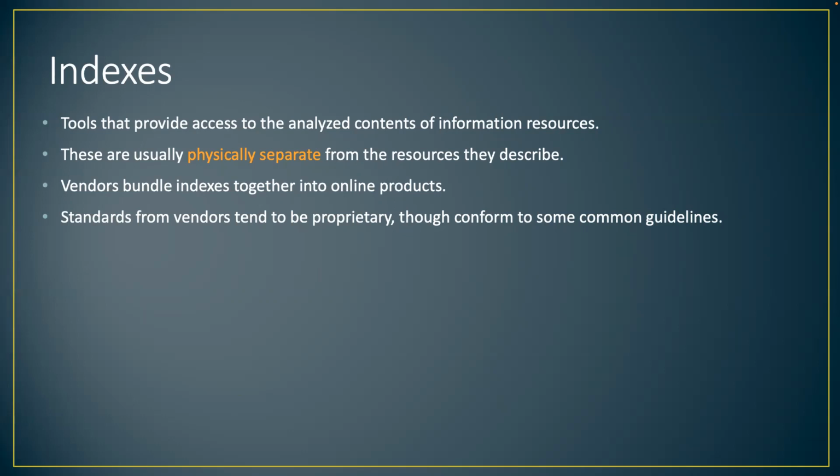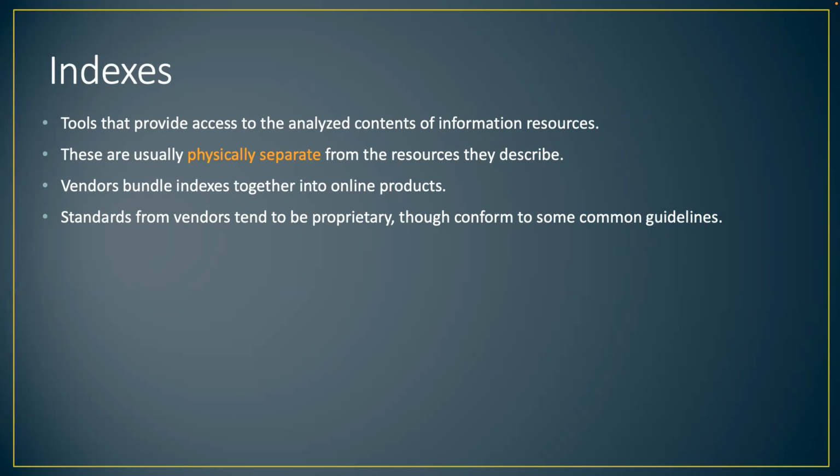And when we talk about indexes today, especially a lot of those online digital research products, indexes are bundled together by some vendors into what we call metadata databases like Web of Science or Scopus.